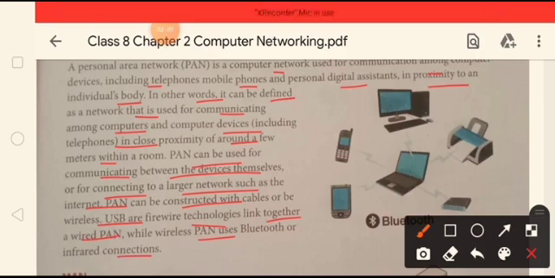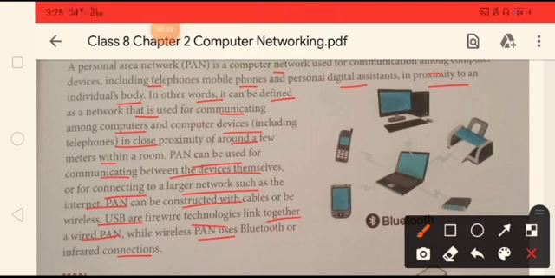Now, PAN, personal area network. This network is used for communication among devices, for example mobile phones and telephones, or your smart watches, that are very close to you, within a specified range in meters. Within one room, suppose you have to share some data between the devices.